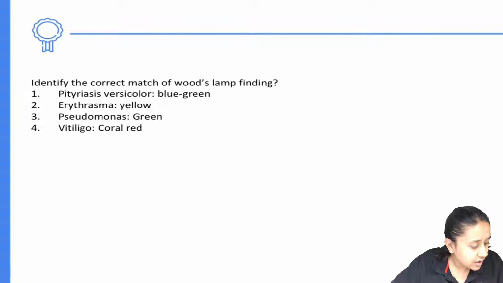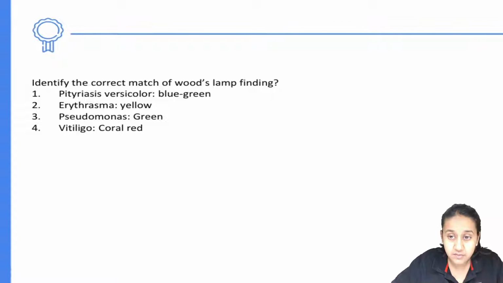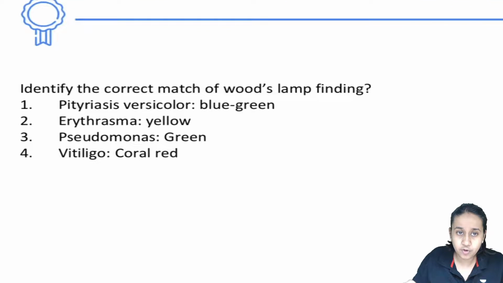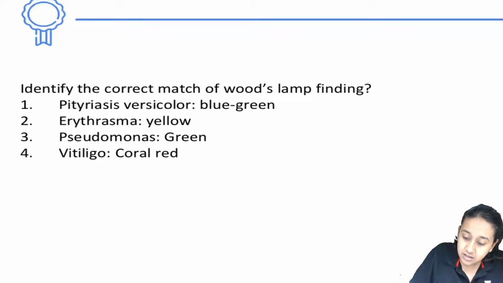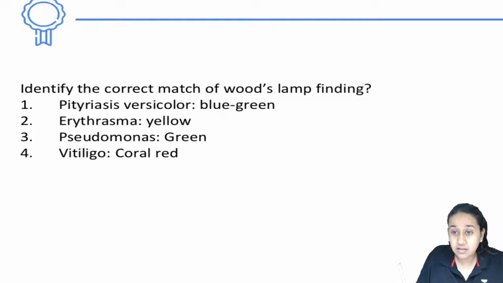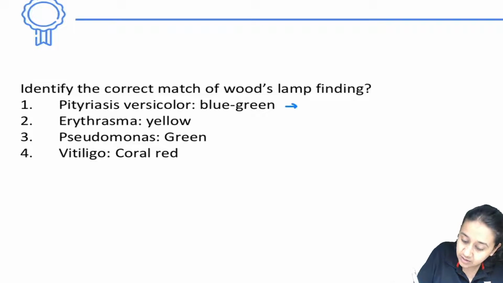Very nice. The correct match of Wood's lamp finding would be... Please remember the Wood's lamp findings. A few points which you have to remember are the colors seen with respect to different diseases. Pityriasis versicolor is yellow color.